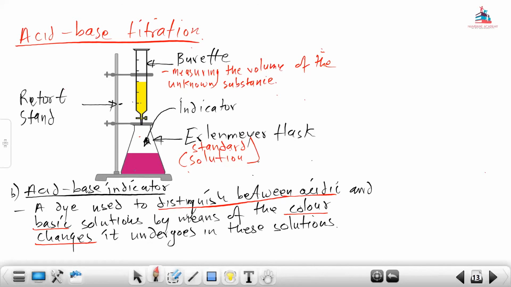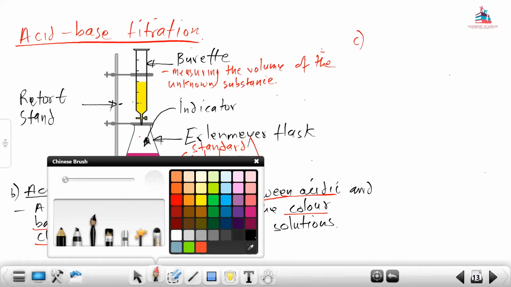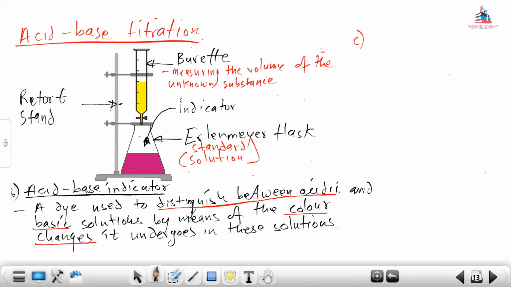So that will be now at number C, and at number C, I'm going to write here end point. These are new words that each and every one of us must now know. So what is an end point?